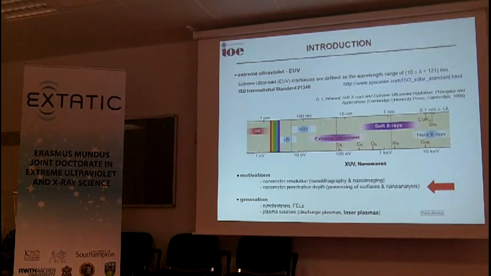But we also know this very well-known picture from the book of David Attwood. I asked David why he put this band here. He told me, oh, because this picture was made by Linda, his wife. So everything was made by Linda.